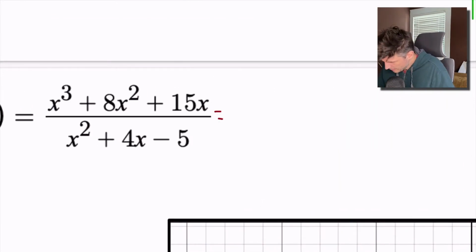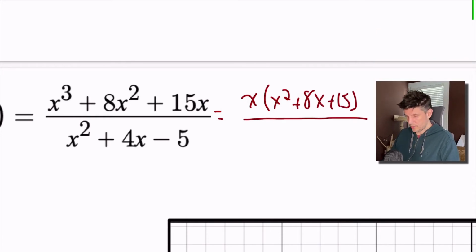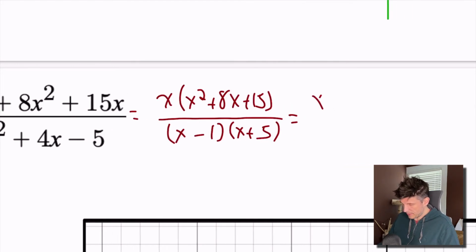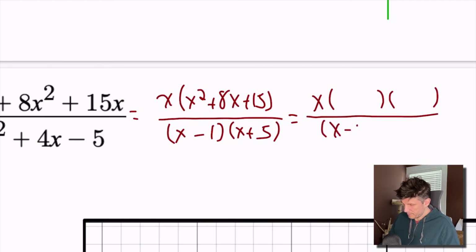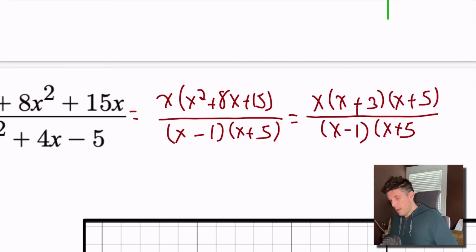So we're going to have x times (x squared plus 8x plus 15) over, I'm going to start factoring the bottom since it doesn't need anything else factored there, (x plus 5)(x minus 1), and then we're going to factor that other quadratic. So we have (x plus 5)(x plus 3).